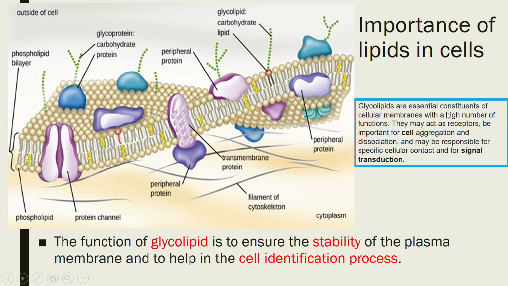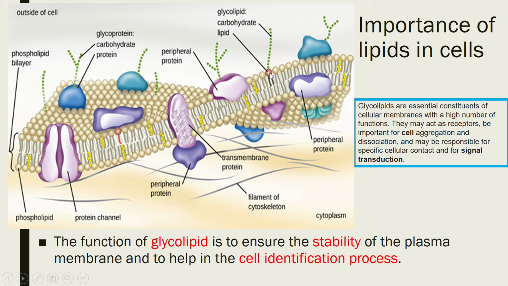Another importance is glycolipid. This is the structure of the plasma membrane. Again, you have seen this back in your chapter 3. You get to see the phospholipid bilayer, these embedded structures here are the proteins, and you get to see this antenna coming out like that.